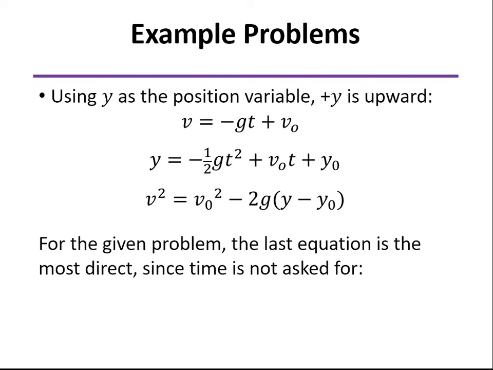One way is to set the y value equal to 0, solve for time, and then plug back into the velocity equation. But the last one is the easiest to use because we're not asked for how long the ball drops, only for the velocity. And so we can relate the velocity to that change in position directly and not have to find the time.